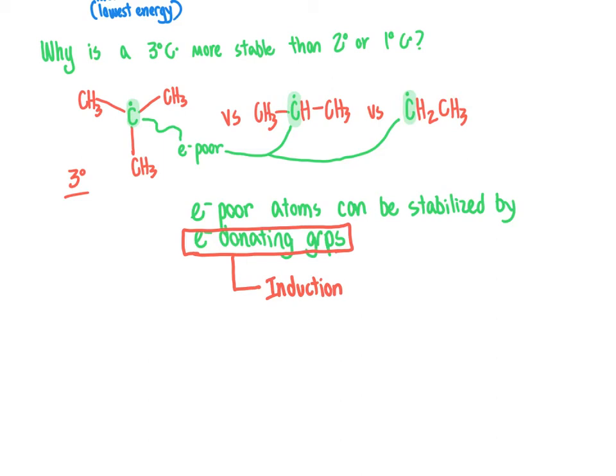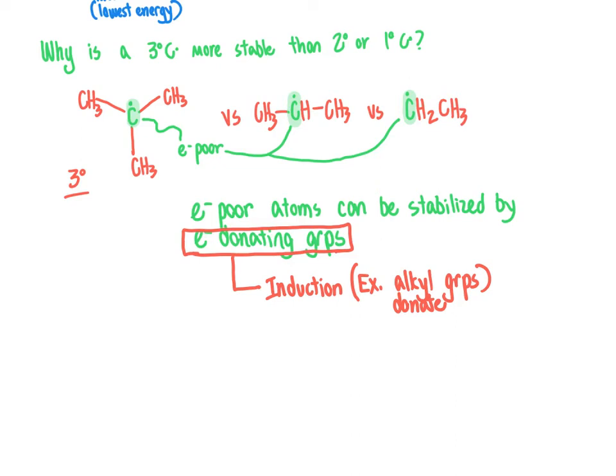So groups can be electron donating by induction. An example of a group that donates electrons by induction is alkyl groups. So alkyl groups will tend to push electron density away from themselves by polarization of those bonds to donate electron density toward the rest of the molecule. So alkyl groups donate electron density by induction.